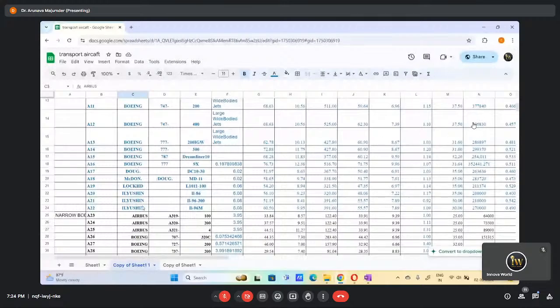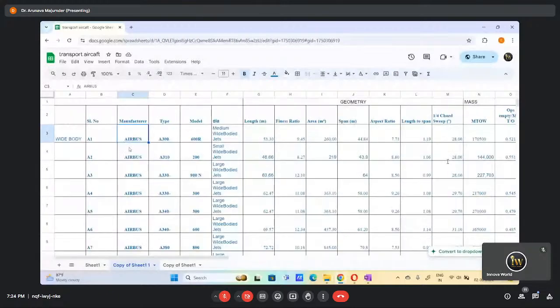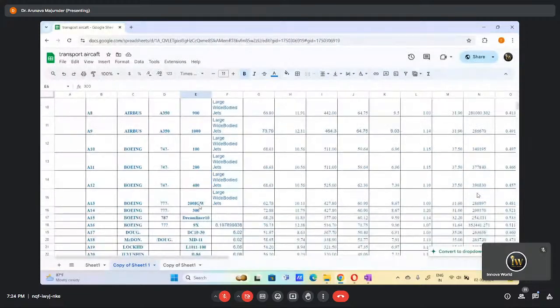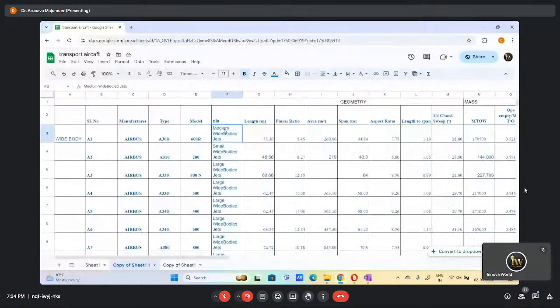Manufacturer type is also there: A300, A310, A330, and so on. Models 600R, 200, 900, and 300, different models are given here. Diameter: medium wide bodied jets, small wide bodied jets, large wide bodied. So different diameters are there.